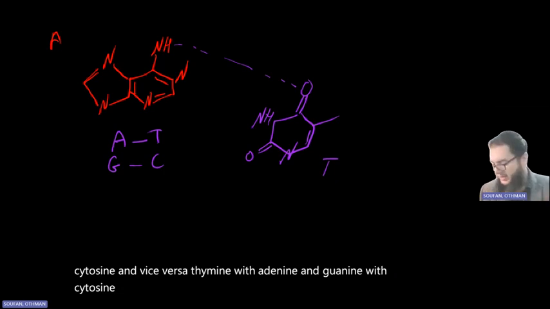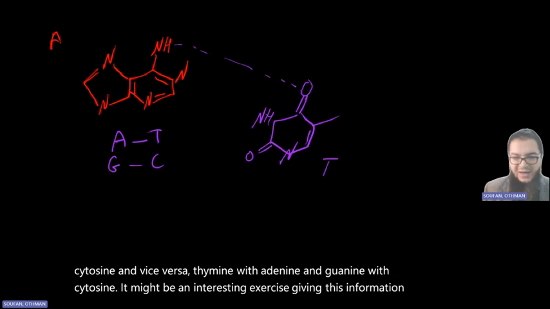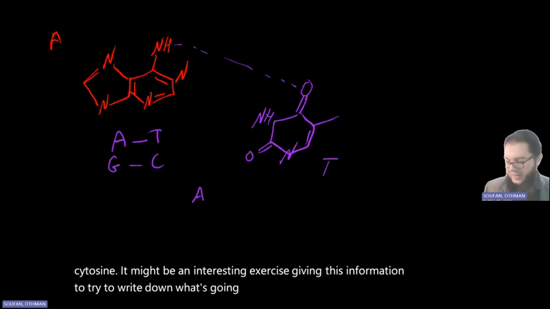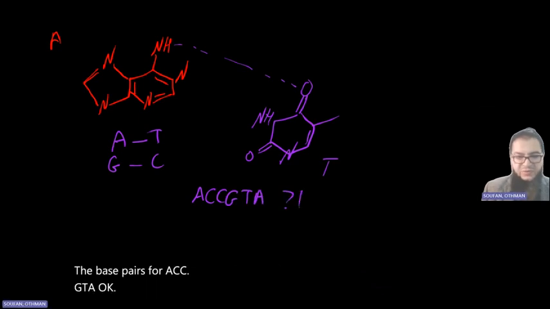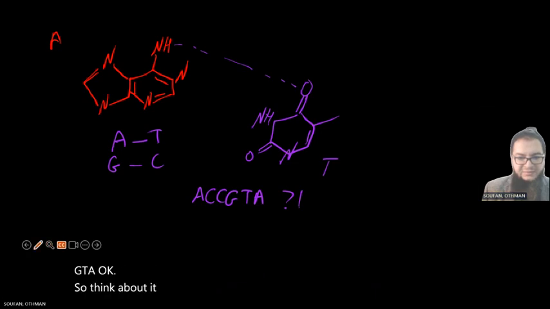It might be an interesting exercise, given this information, to try to write down the base pairs for ACCGTA. So think about it. I'm going to give you a moment. Try to figure it out.